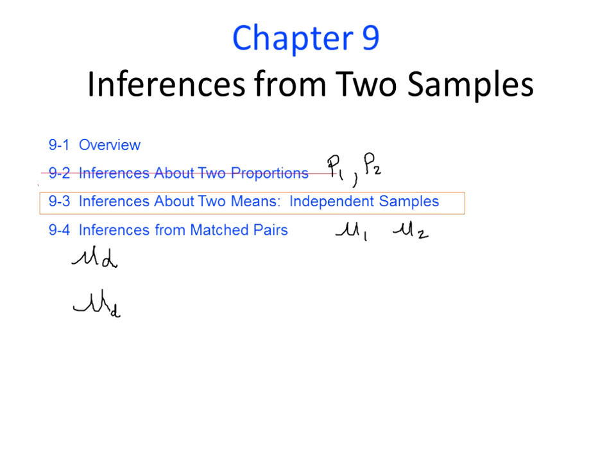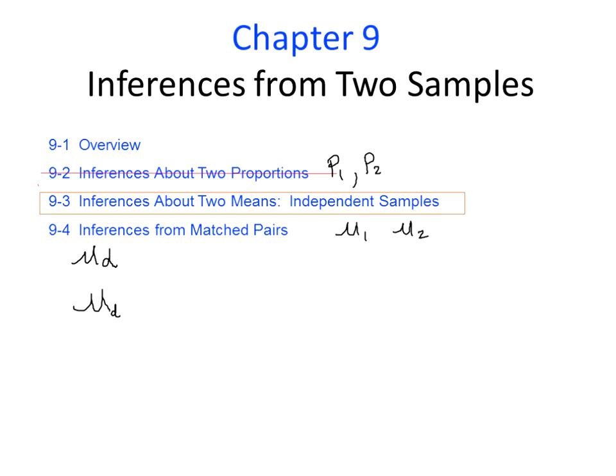So if we're trying to see how effective a weight loss program is, you take your sample of individuals and you weigh them before the program, that's your before data, and you weigh them after the program, and that's your after data. So what you're looking at there is the differences between the before and the after. That's what 9.4 is about, where we are going to talk about matched pairs.